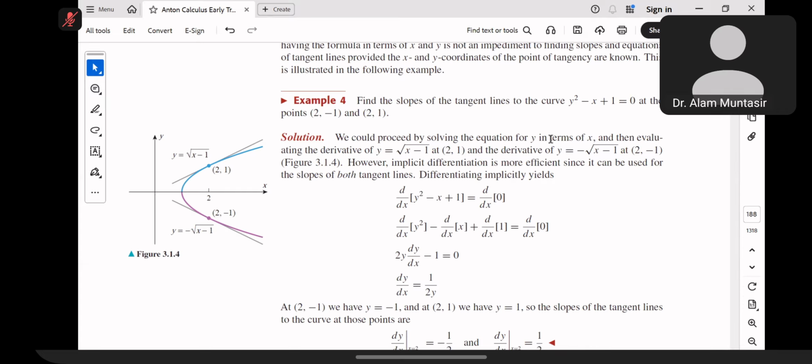So you already know how to get the equation of a tangent line. Do you have any idea how to get the equation of any straight line?